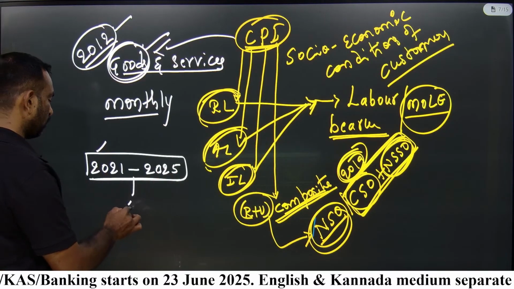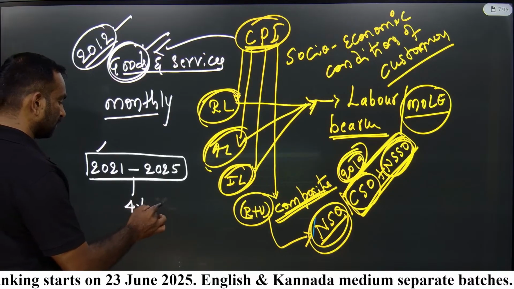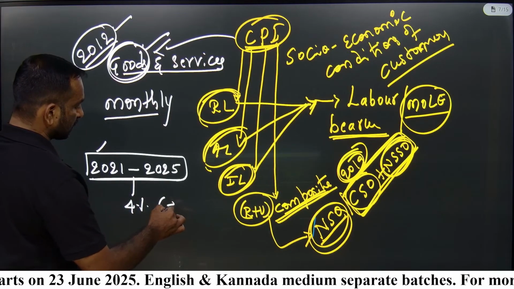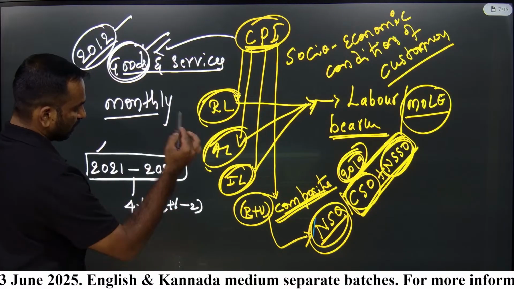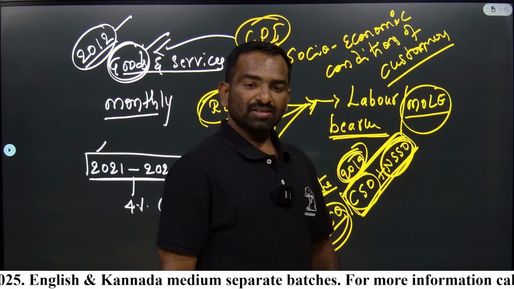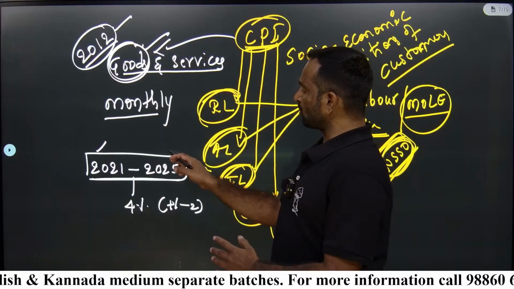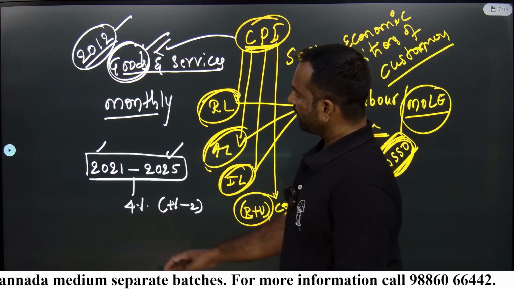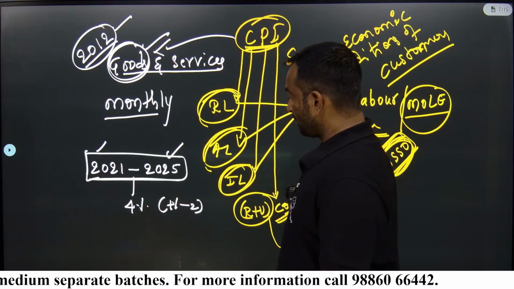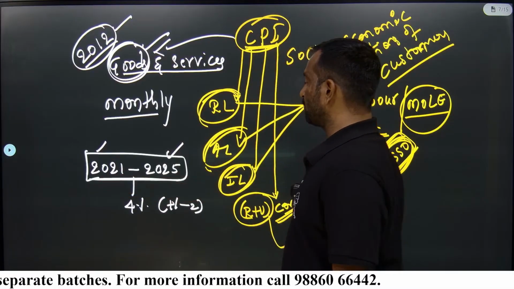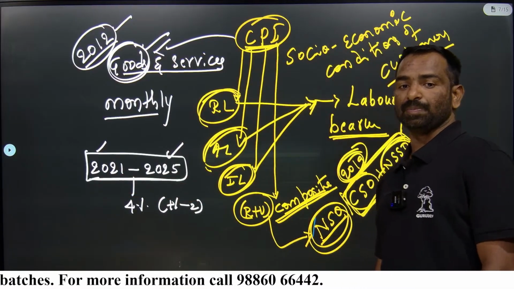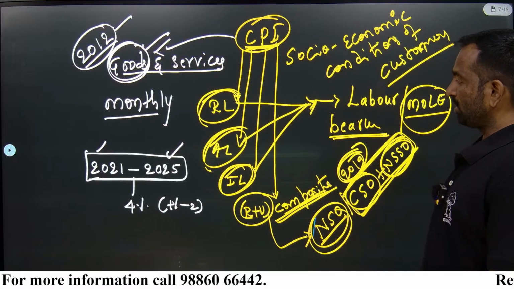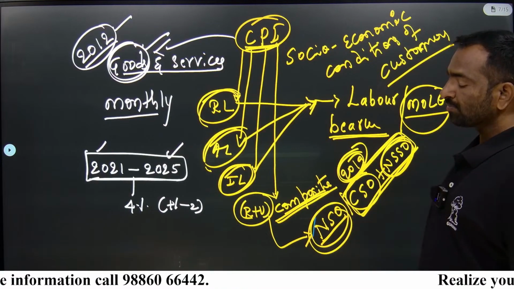It is 4%, plus or minus 2%. This is the target of the government of India for inflation for the term 2021 to 2025. So this is the CPI question and this is the explanation.